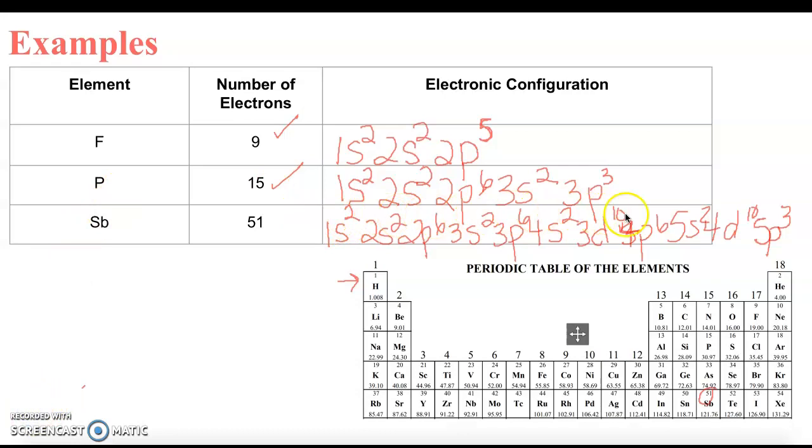And once again, if I add up all of these electrons, it's going to add up to 51.